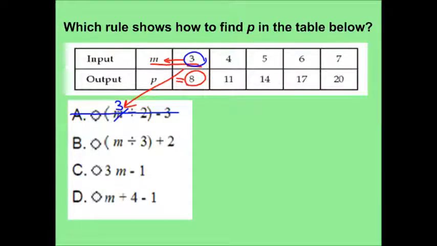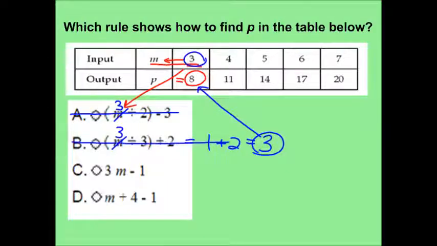Let's do the next one. If I plug 3 into the next one, I find that 3 divided by 3 equals 1, and then I add 2, and I get the number 3. Well, 1 plus 2 equals 3, but when I look back at my table, it is not the same as 8. So that cannot be correct either.